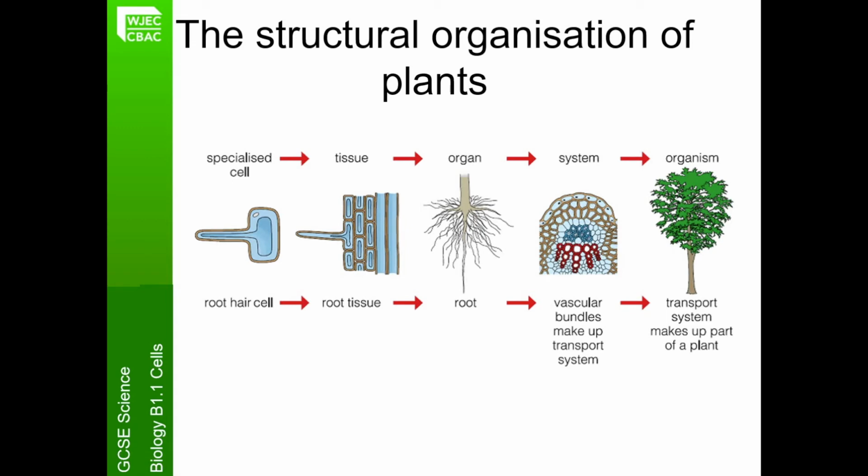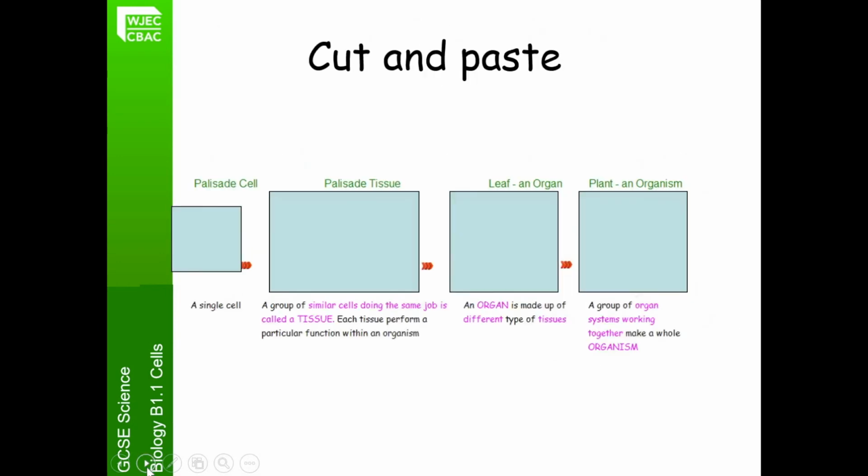The root tissue makes up the organ, the root, whose function is to anchor the plant in the ground, but also to absorb water and nutrients. This, along with other systems in the plant, okay, so vascular bundles helping to make up the transport system, make up the entire organism, which in this case is a tree.